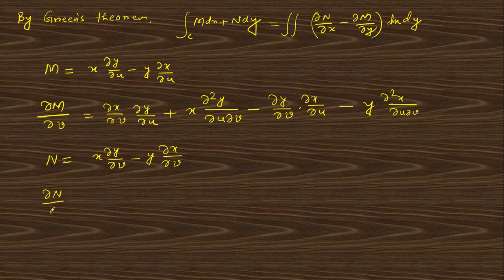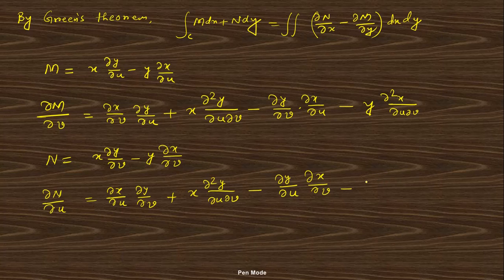So del n del u is del x del u into del y del v plus x del 2y del u del v minus del y del u into del x del v minus y into del 2x del u del v.